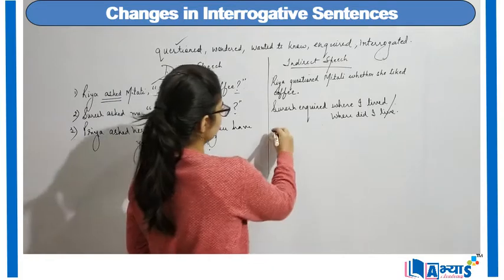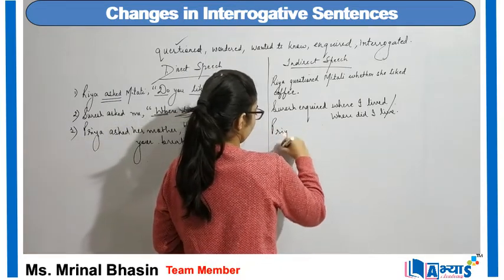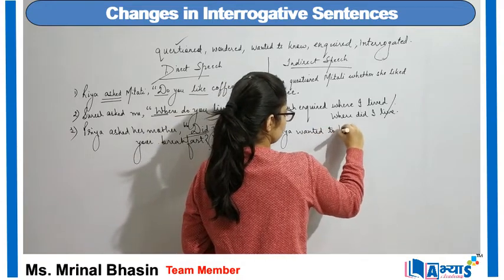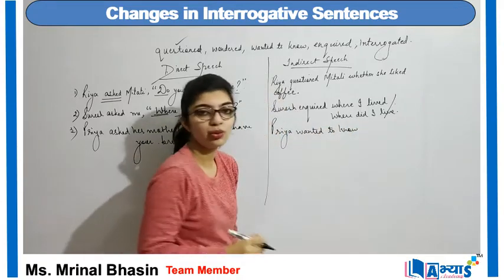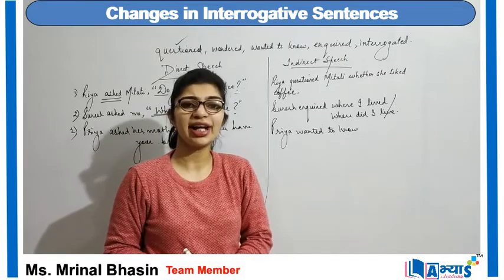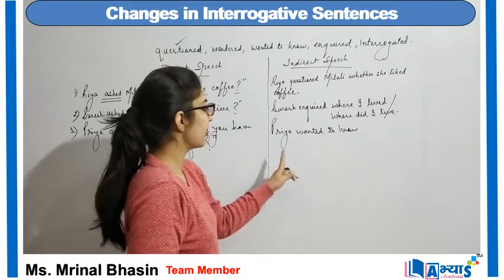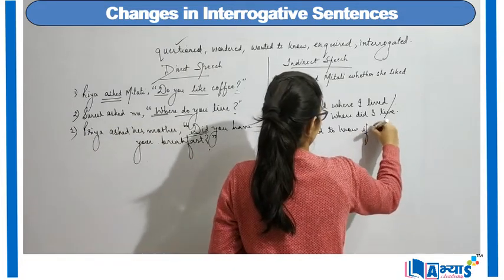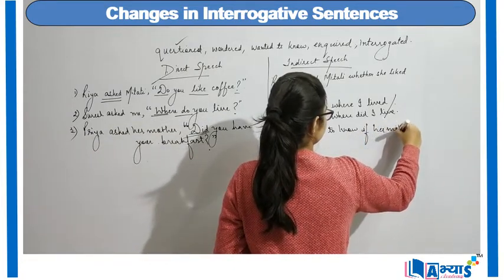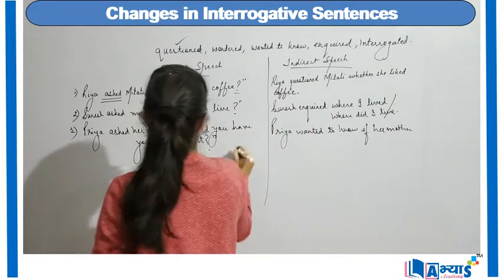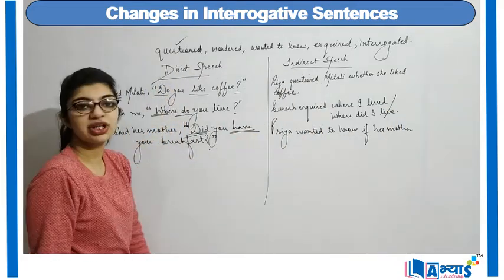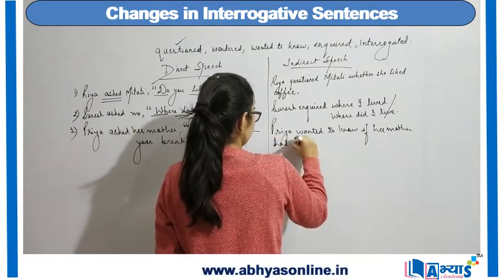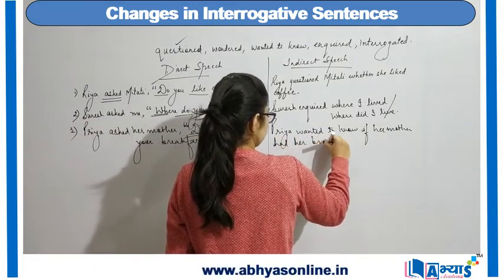So Priya wanted to know. Now here out of whether or if, I think that if is more suitable. So I will say Priya wanted to know if her mother, will change to had, if her mother had her breakfast.